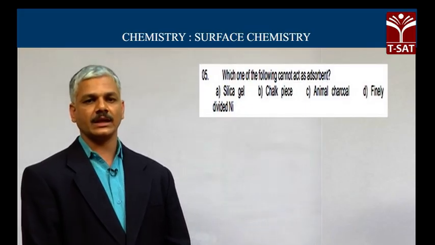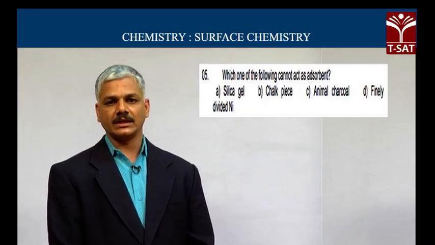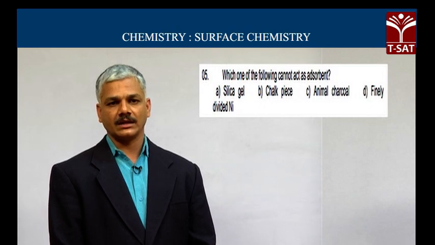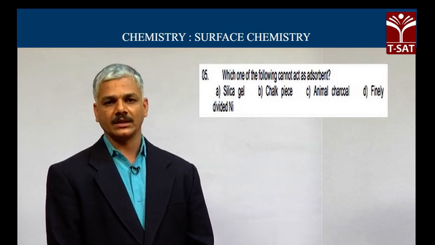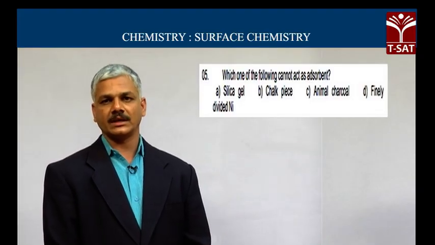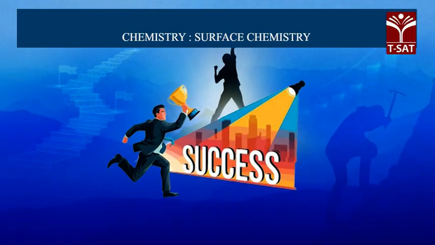Given options are A. Silica gel, B. chalk piece, C. animal charcoal, D. finely divided nickel. Correct option is B, because a chalk piece can adsorb as well as absorb substances. Hence, it cannot be called an adsorbent alone.